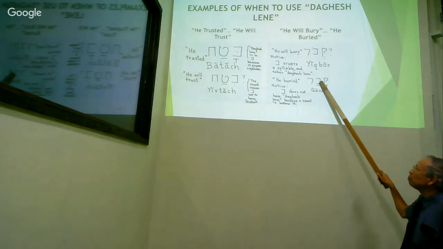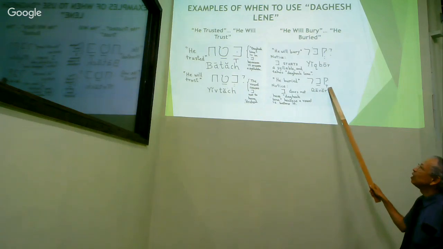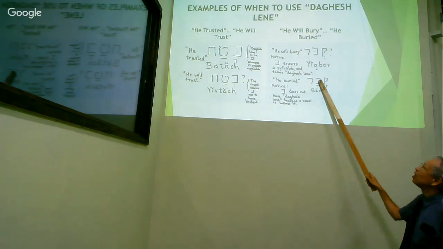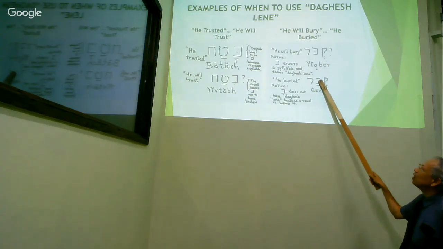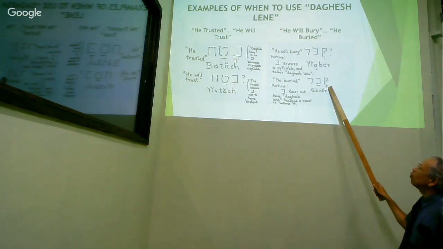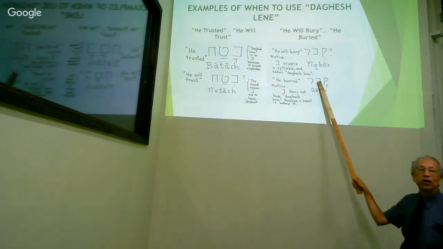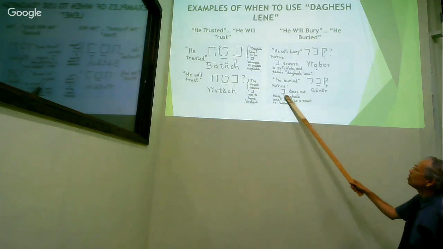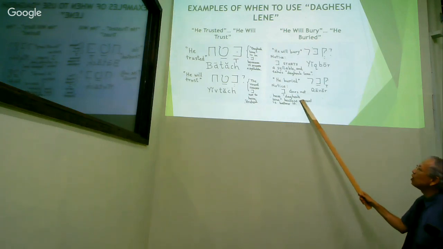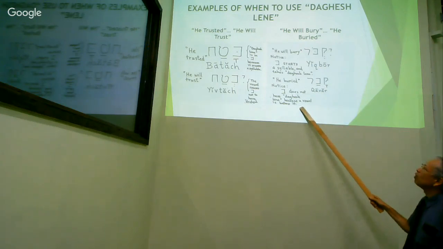And even though Beth begins the syllable over here, since there is a vowel before the Beth, the Daghesh Lene, which you see up here, cannot stay in this verb. It has to leave. When there is a vowel before a consonant that has a Daghesh Lene in it, you're not going to have the Daghesh Lene staying in that consonant. So notice, Beth does not have Daghesh Lene because a vowel, Qames-A, is before it.